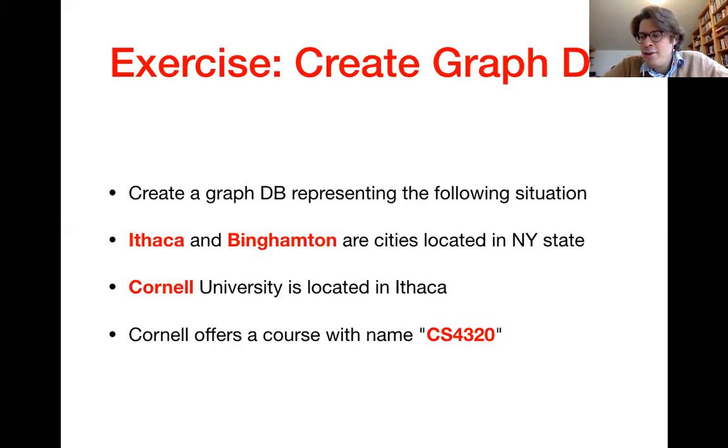So I give you just a little bit of time to think about how you would represent this as a graph and create the graph in the database system. You can do it on paper, or you can try with this interface that I have just shown. And while you're doing that, I'm happy to answer any other questions that might pop up. I'm gonna give you 1-2 minutes, and then we're gonna see a few more commands.